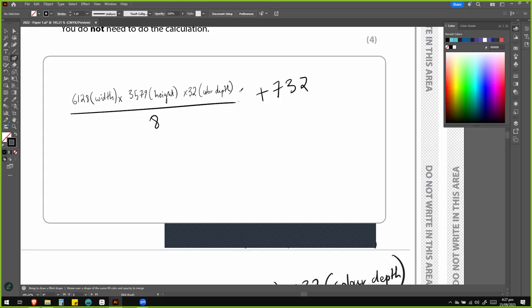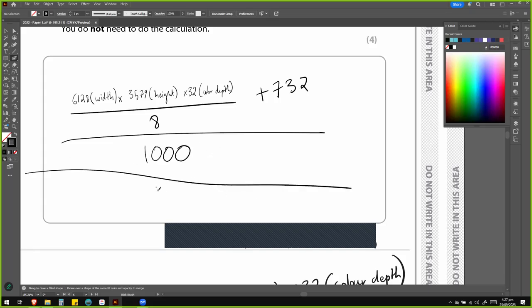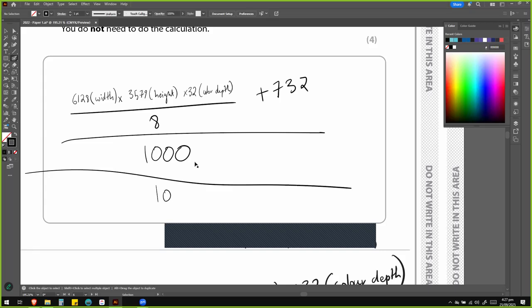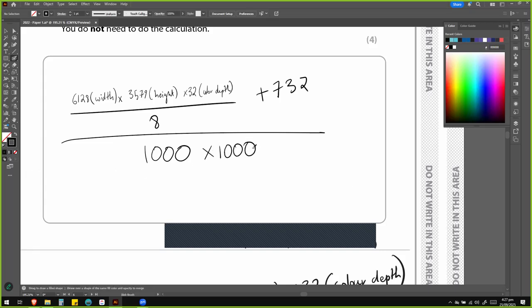Now, whatever expression that we get, we need to divide all of that with 8,000, and then we need to divide all of that with 8,000. And when you have numbers like this, when a number is being repeated here, we could just write it in this format as well, 1,000.